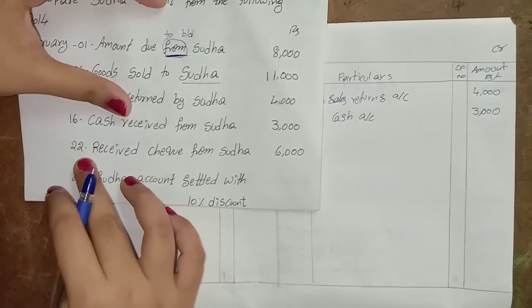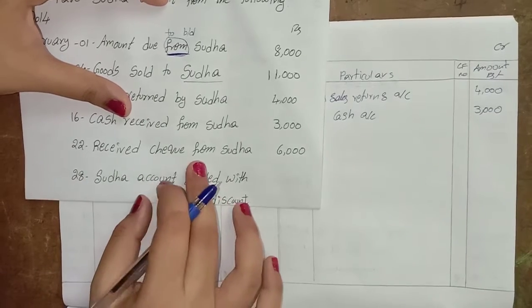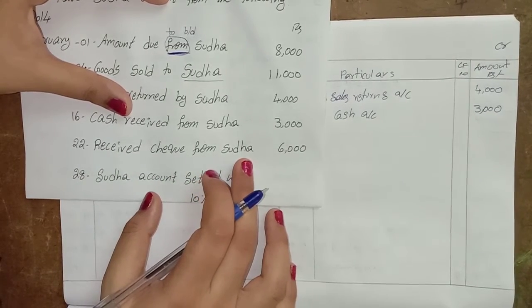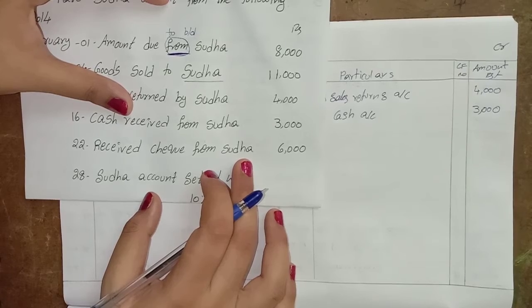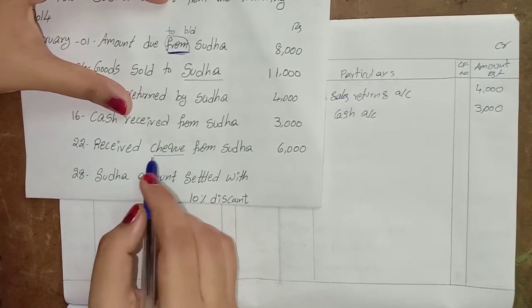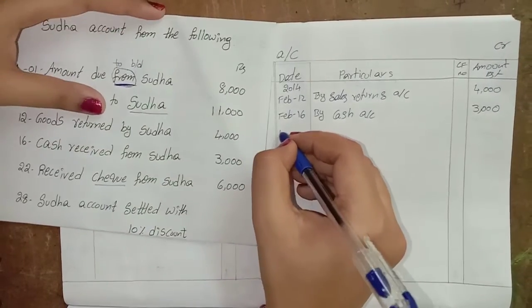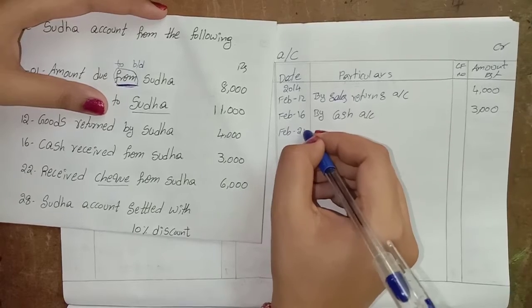And next, the next transaction was held on 22nd. Received check from Sudha. Check means obviously bank. Bank account debtor to Sudha account.